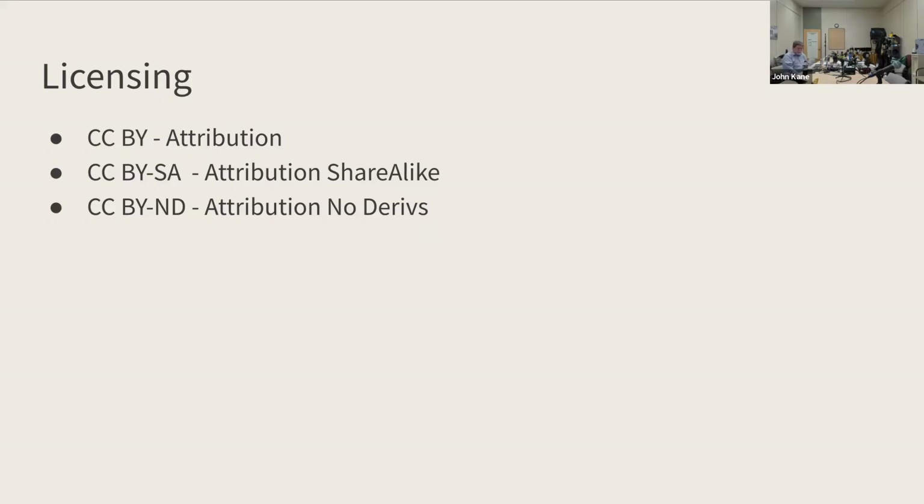They can't change a storyline if you wrote a novel. They can't change the images. They can't use AI to modify the images. They can't redo it, whatever it is, basically. You have to share it in the same way as the original, the same format.